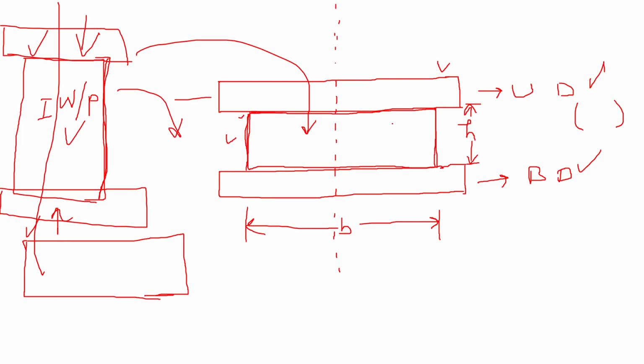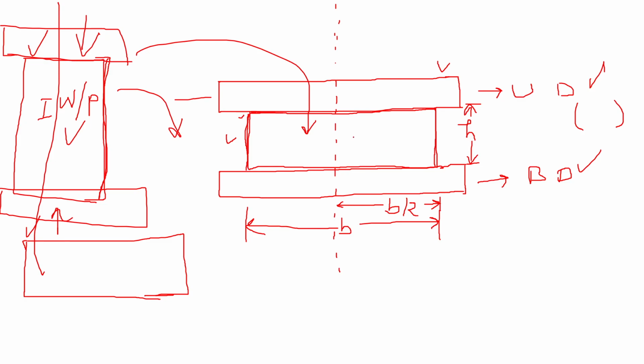Okay, so we are assuming that this particular length was b, then this would be b by 2. On any side of this symmetric line, the total length of spread would be b by 2.